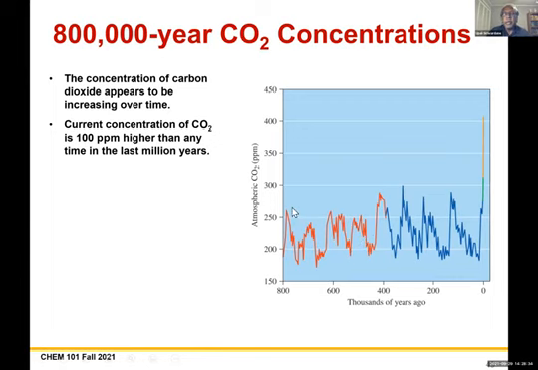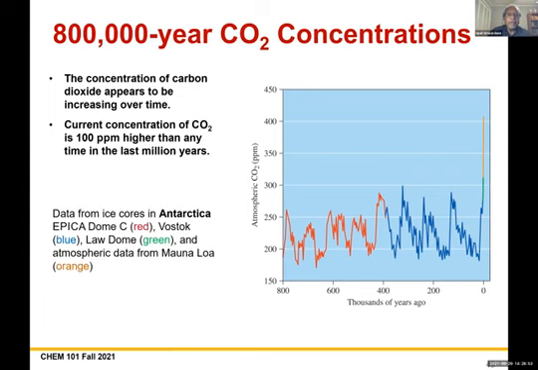It has increased to at least 300 ppm now. The current data shows a predicted increase to about 400 ppm, from 200 to 300 to 400. So we are on the way to increasing carbon dioxide concentration dramatically.